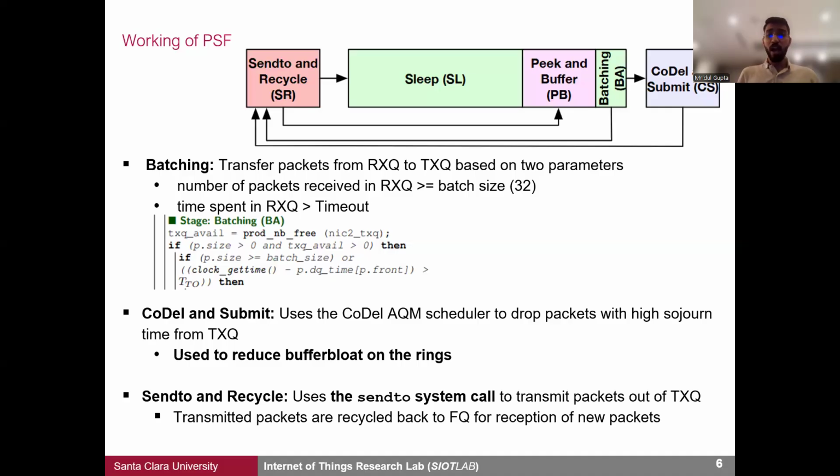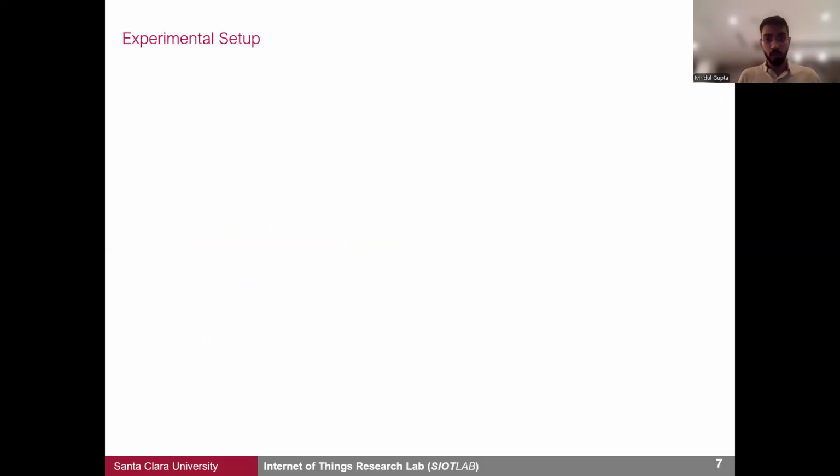Also, a batch of at most 32 packets can be transmitted out by a single sendto system call. Hence, our batch size has been set at 32. The packets that are added to the completion queue are finally recycled back to the fill queue in this stage. This explains the entire life cycle of the packet from the time it entered the receive queue to the time it was returned back to the fill queue.